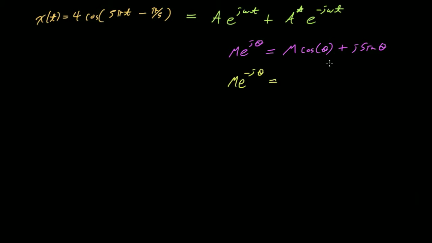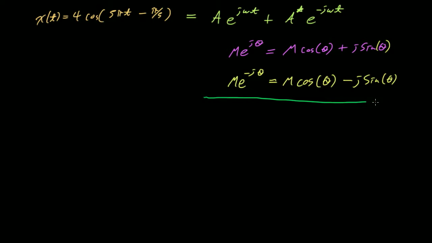All I need to do is flip that sign. I get m times the cosine of theta minus j times the sine of theta. So now I've got my m e to the j theta in rectangular form, and my m e to the minus j theta in rectangular form.